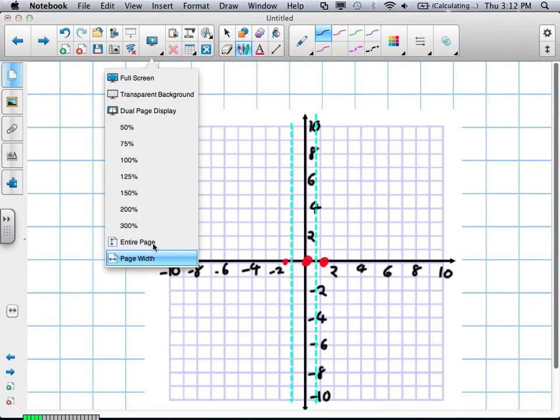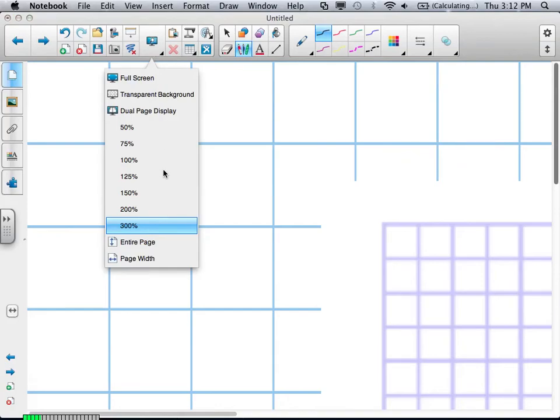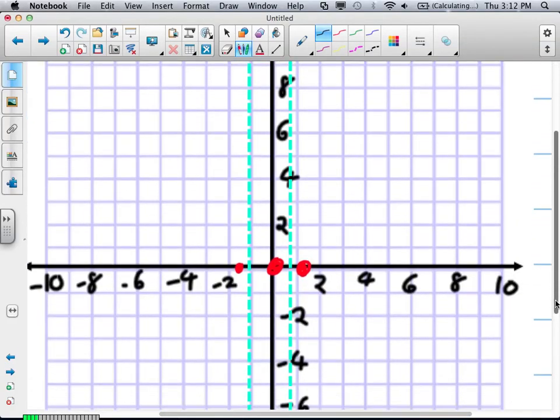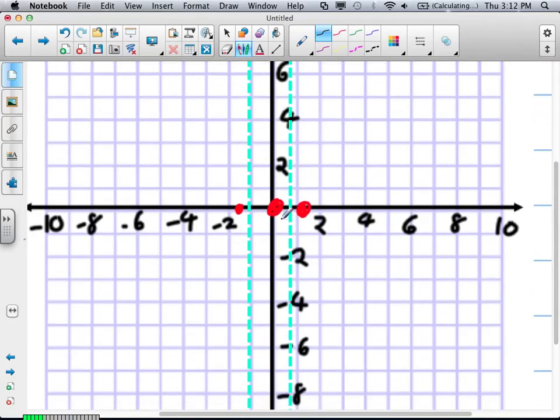I'll try to zoom in a bit if I can here. A little too much. Okay. At negative 0.2, so somewhere along here, we have our point of inflection. Okay. So remember, this is a rough sketch of our graph.